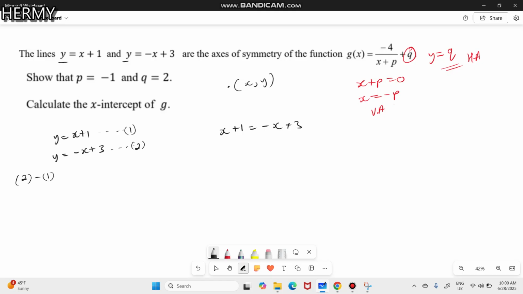Then you can say this side is 0, this side is minus 2x, then this side is plus 2. Then you can see that 2x equals 2, then x equals 1.